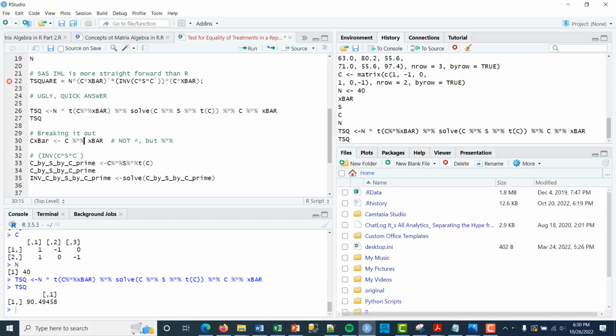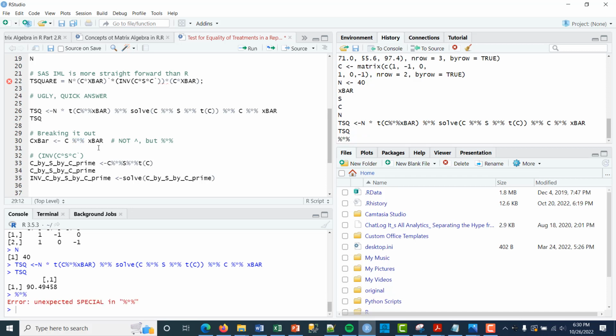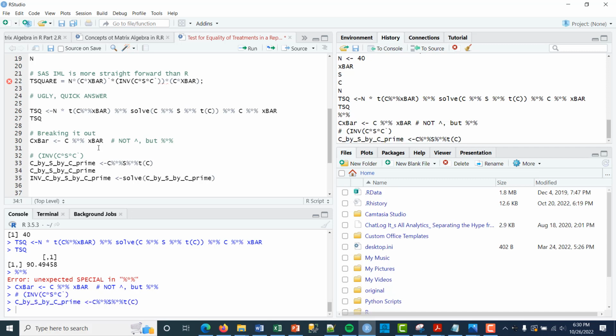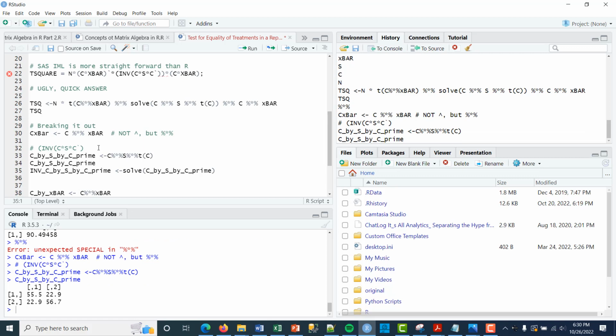But when you do matrix multiplication, it's parentheses, asterisk, parentheses. All right, so do that. Whoops, I didn't do the whole line. I'm just hitting the Control Enter to calculate a line at a time or highlight. To do this piece right here, I'm just going to call this thing C by S by C prime and calculate that. Control Enter, and then there I have it right there.